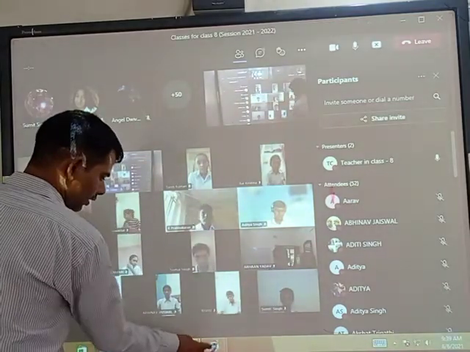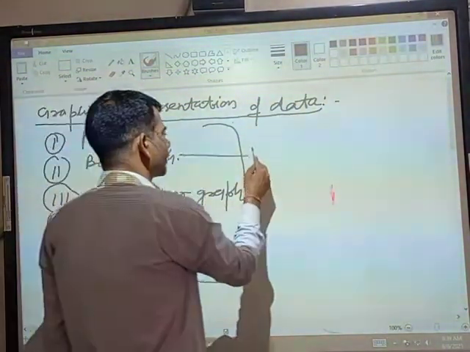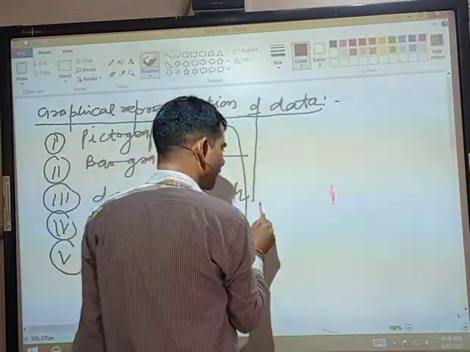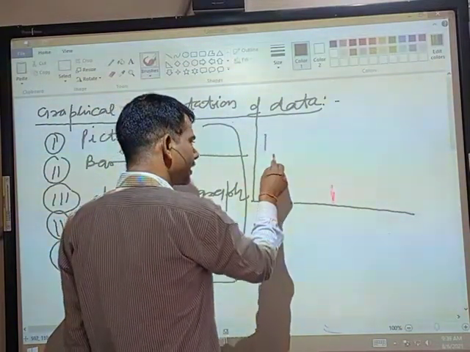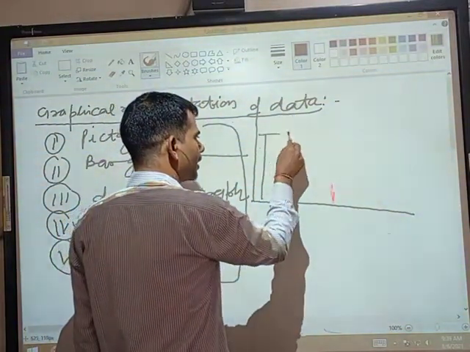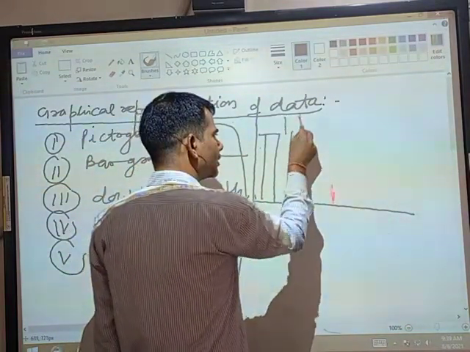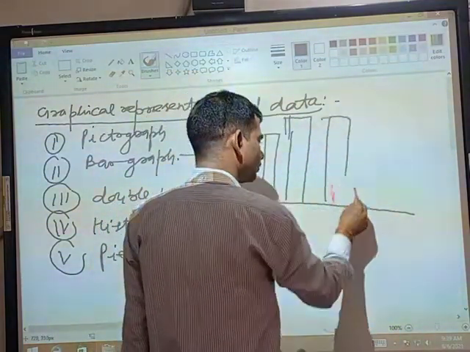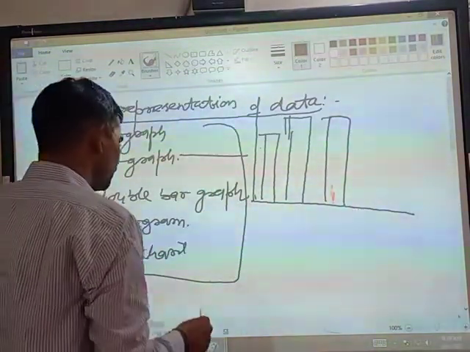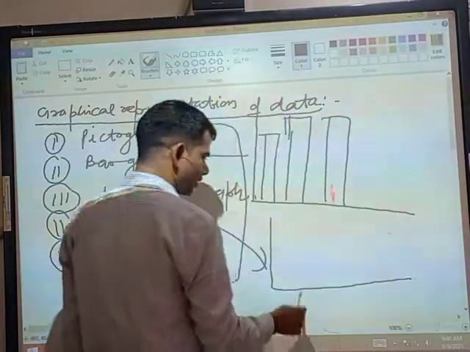Now, what is a bar graph? In a bar graph, there will be rectangles, and between the rectangles there will be some space. But in histograms, the rectangles are attached to each other.